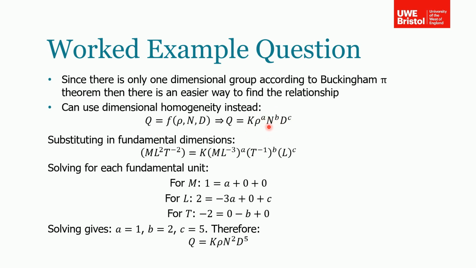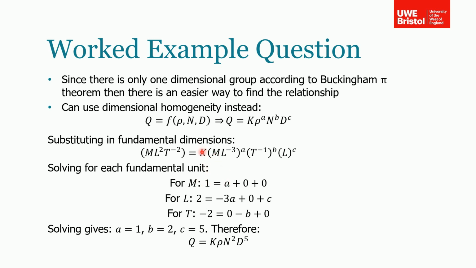Then if you did it this way and you substituted in the fundamental dimensions, you can just use dimensional homogeneity to work out what A, B and C are. So if we do it here, notice it's different to all the examples in the Buckingham pi theorem, where the left hand side has been 0 because it's been dimensionless, but here it's not. So here you can see M is 1 on this side and A on this side.